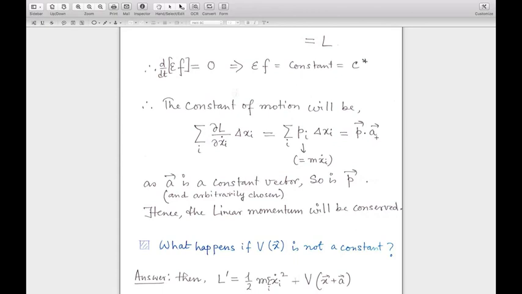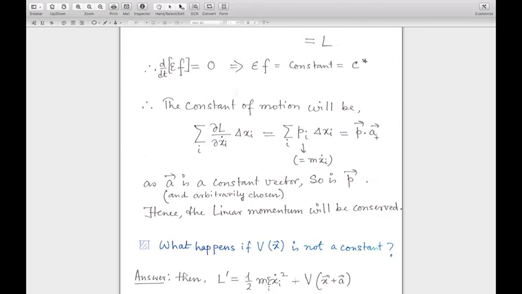If a is a constant vector, then we know that p's orientation will be constant. But how to know that p's magnitude is constant? One possibility is, of course, to say that a is arbitrarily chosen. So by choosing a particular a so that only one component is non-zero, you can easily show that every component of p is constant.